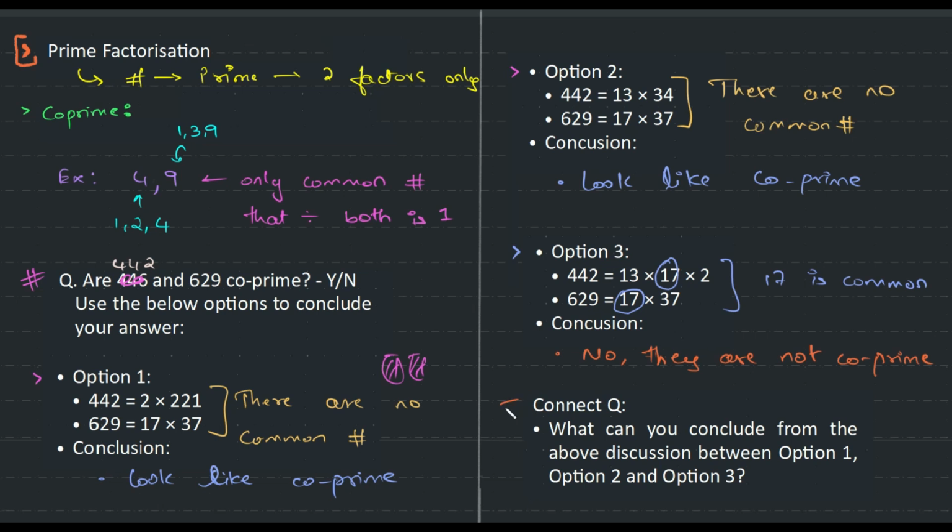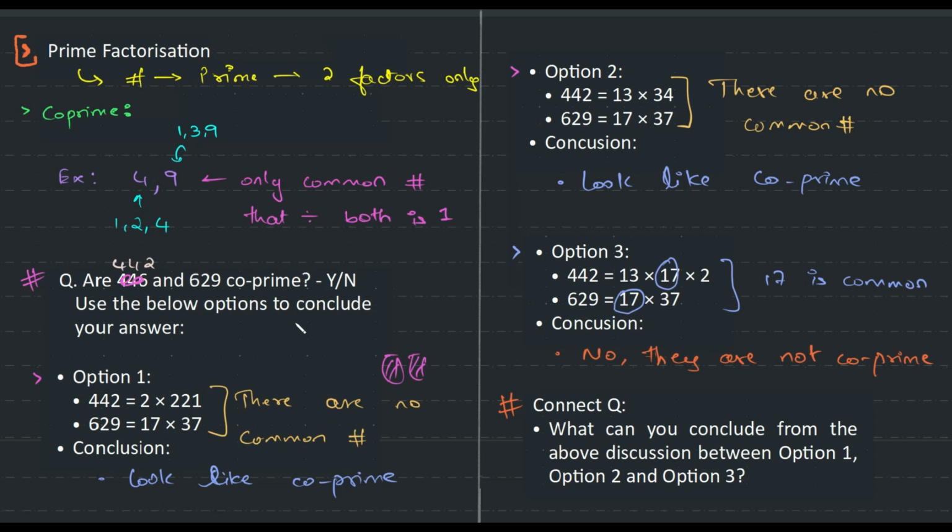So a connecting question to you guys. From all of this, options 1, 2 and 3, what can you conclude from the above discussion? What can you tell? For me, what I am looking at is that just because sometimes numbers are not matching, like over here in option 1 and option 2, does not mean that they are co-prime.